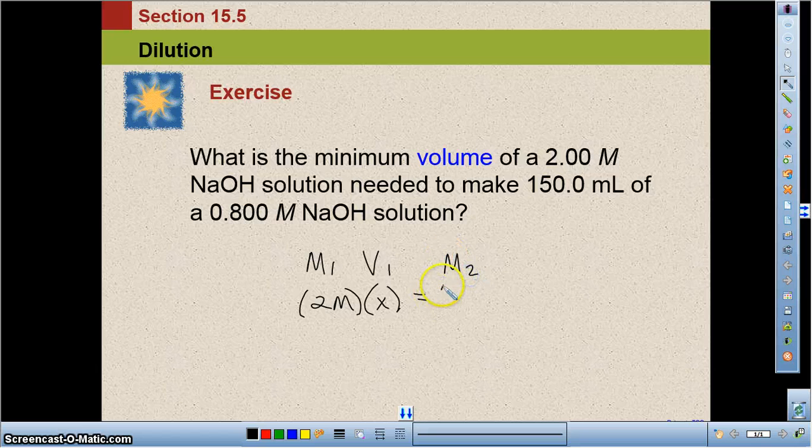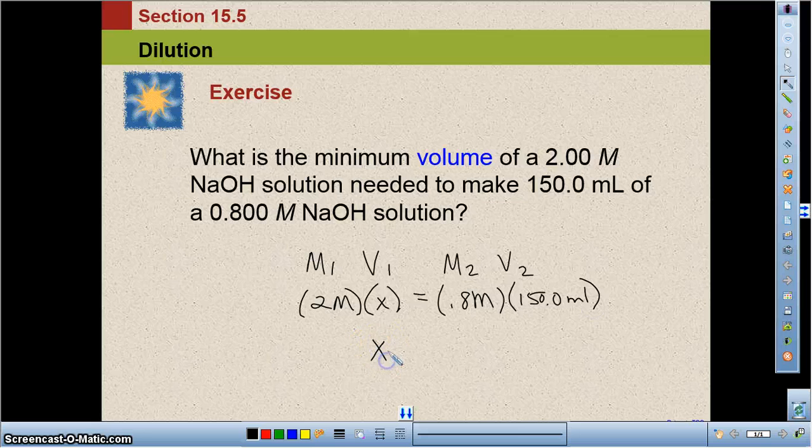So my molarity 2 is going to be 0.8 molar, and my volume 2, or second situation, is 150 milliliters. So all I have to do is solve for x. So I'm going to take 0.8 times 150, and then divide that answer by 2, and the answer is 60 milliliters. And that would be the minimum volume that I would need in order to make this solution.